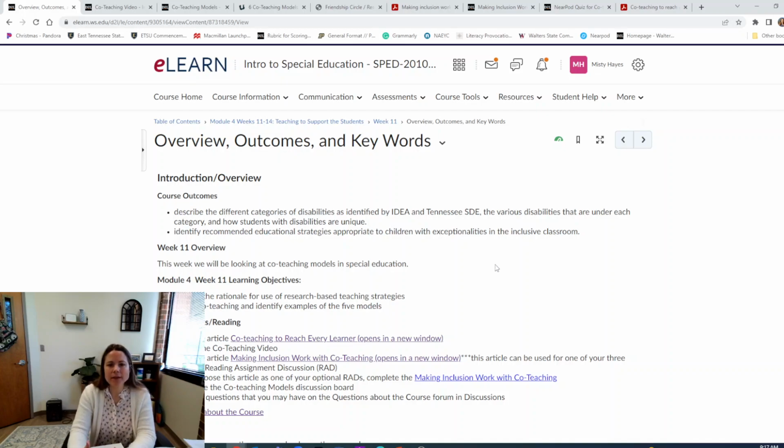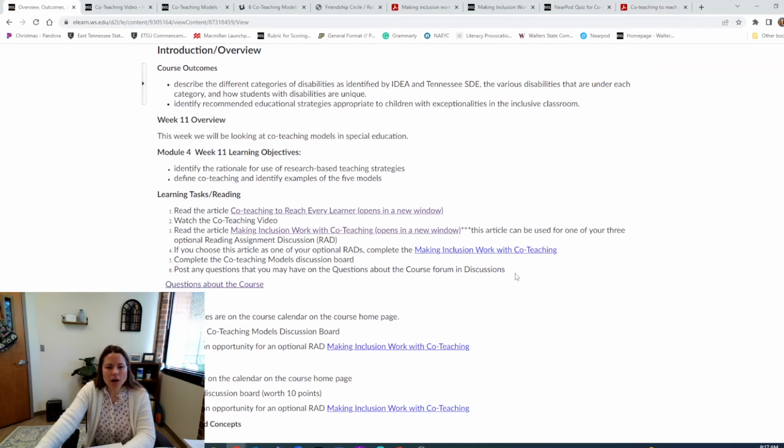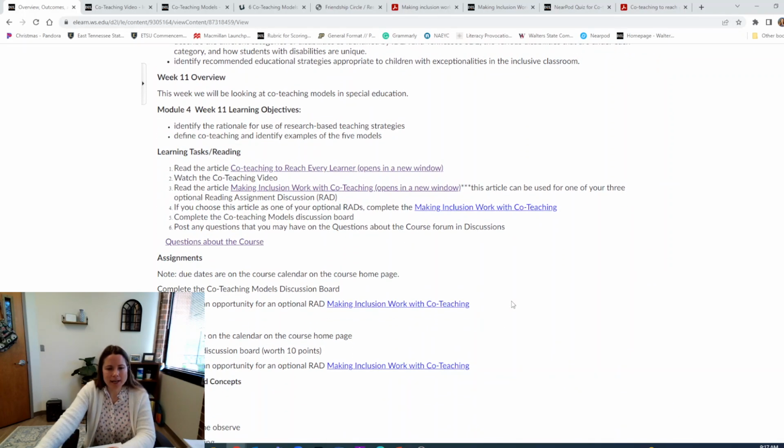And when we're talking about the inclusive classroom, we're really talking about a classroom where you may have some students or a few students who have IEPs and the rest don't, right? So it's a mixture.